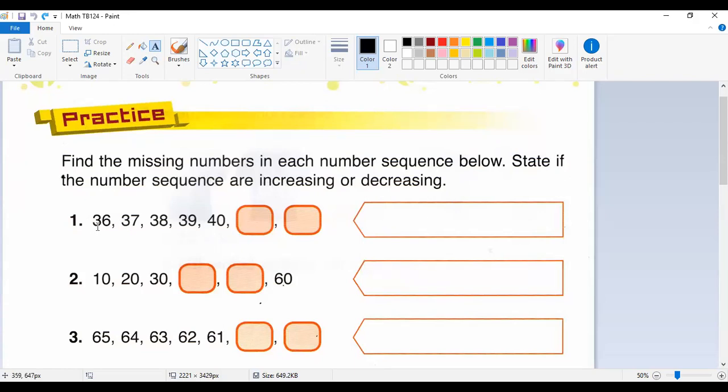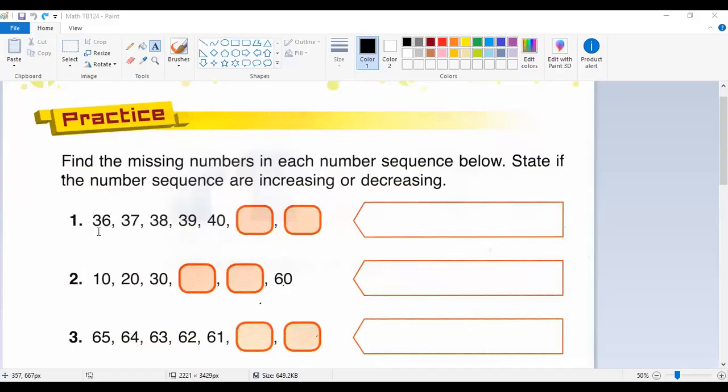36. Let's say it together. I want to hear everyone say the numbers. Mute's off. Are we ready? Unmute. All right.